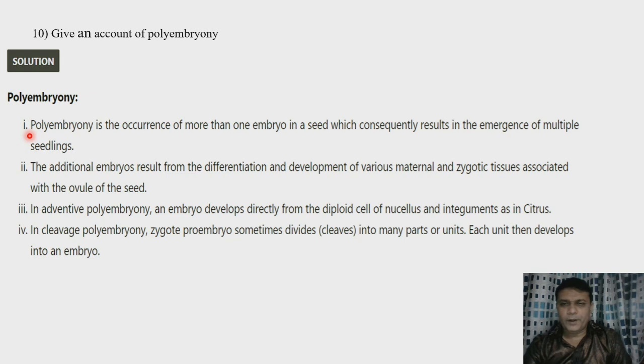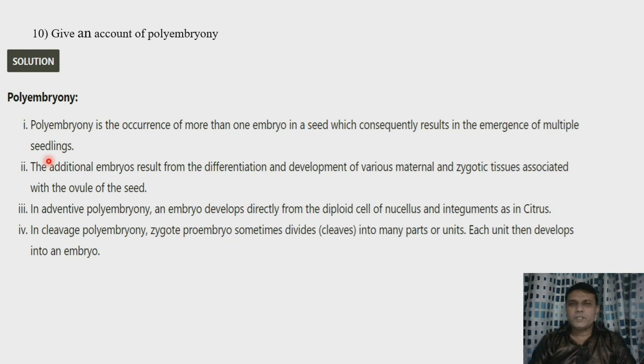Now the first point is polyembryony is the occurrence or development of more than one embryo in a seed, which consequently results in the formation of multiple seedlings.